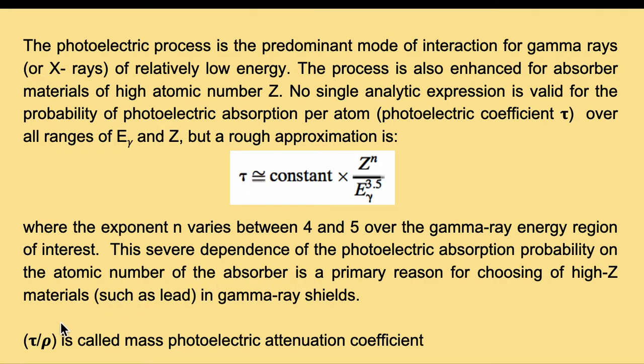A term more commonly used is tau by rho, that is, the photoelectric coefficient tau divided by density, which is called the mass photoelectric attenuation coefficient.